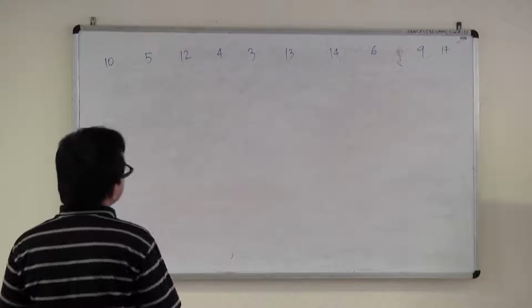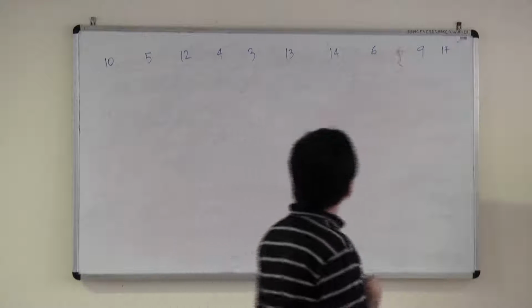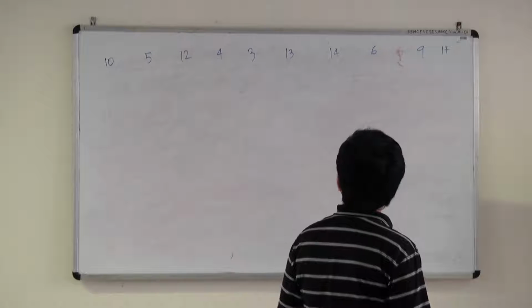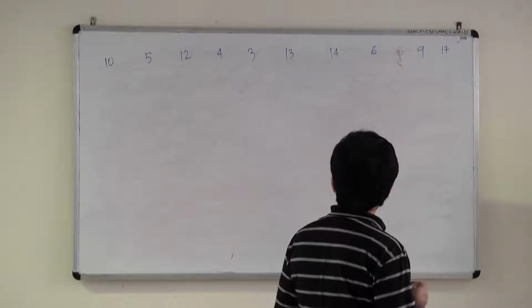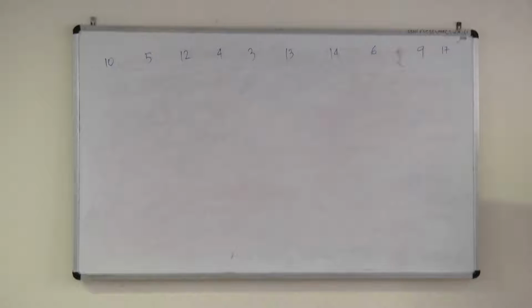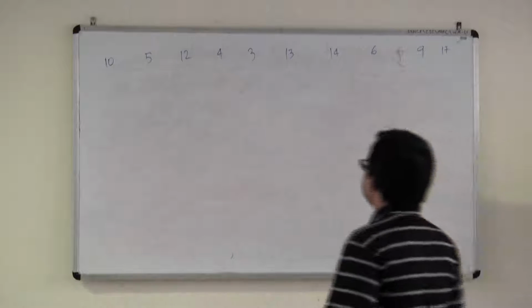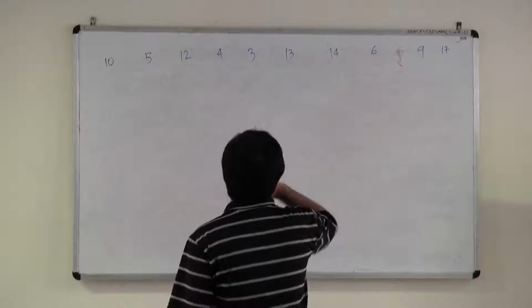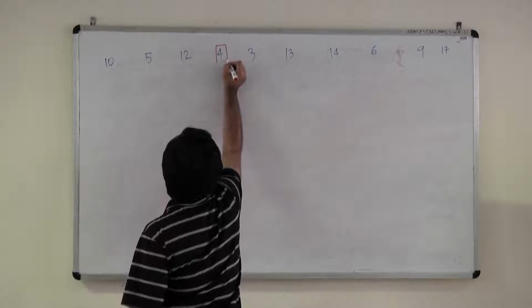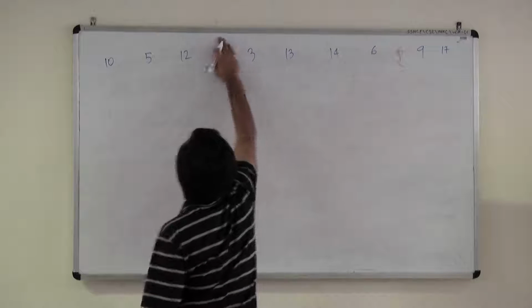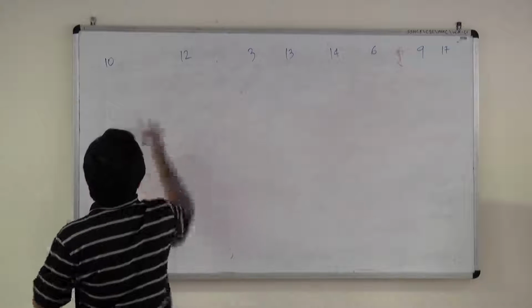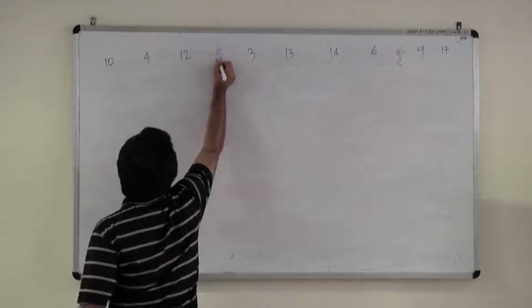Now suppose, let's start with this guy. Let's just say this is 4 here, and so this is 5.